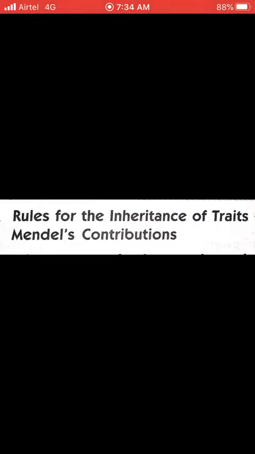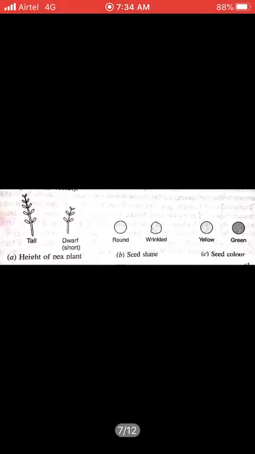Because he did his whole work on the pea plant. So these may be the reasons. The height of the pea plant varies. There are tall plants too, and there are dwarf plants too. Seed type is also different, round and wrinkled. Color of the seed is also different, yellow and green. Together with this, they are bisexual plants. They can be self-pollinated properly.